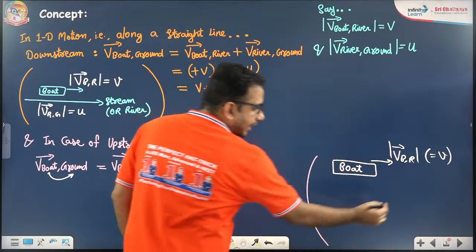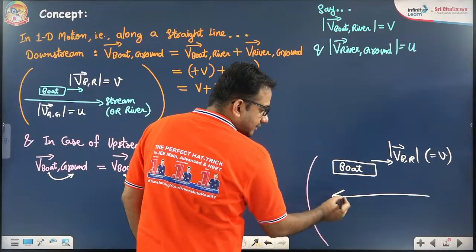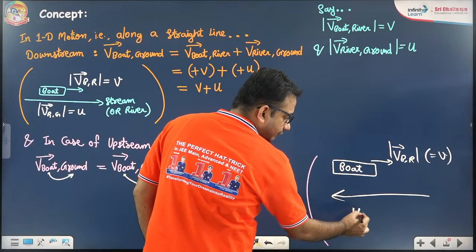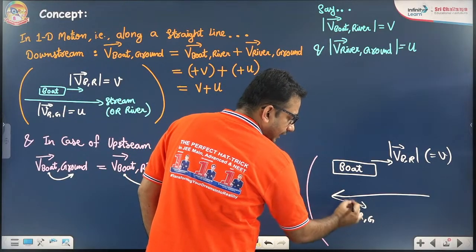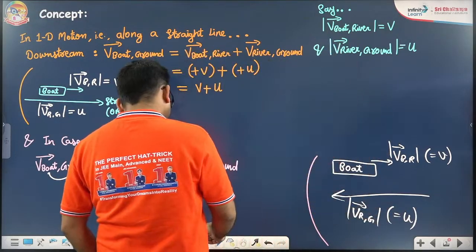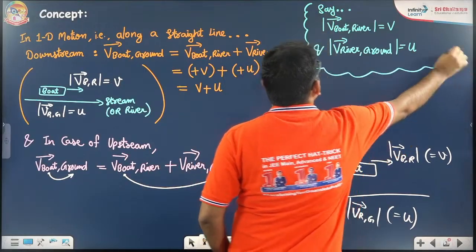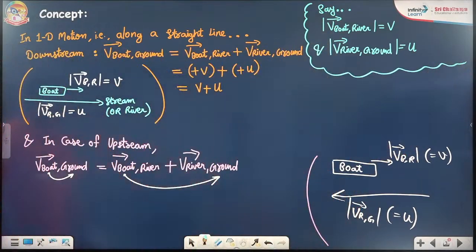And this time the river is moving in the opposite direction, velocity of river with respect to ground, and its magnitude is u for our discussion here. Is that clear?